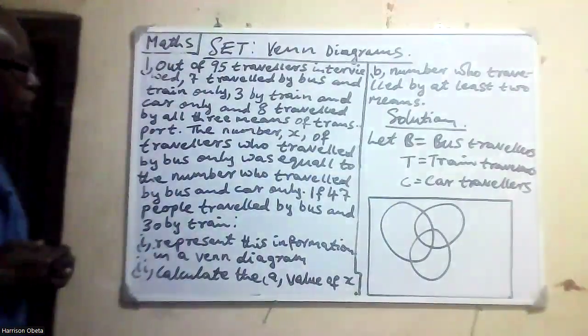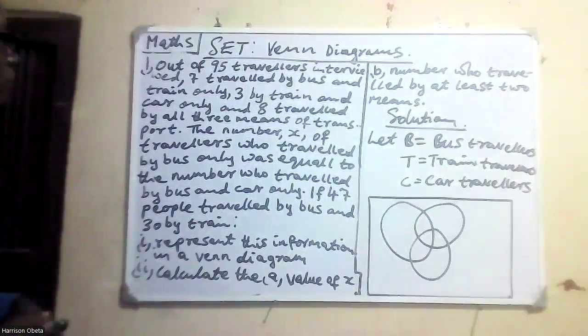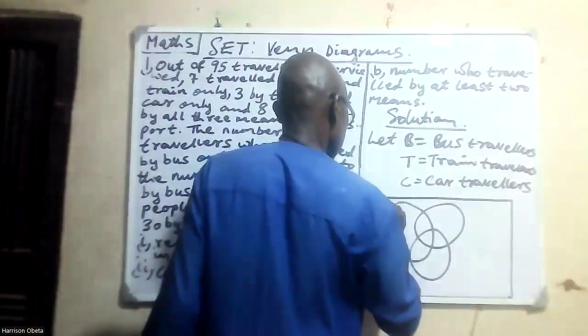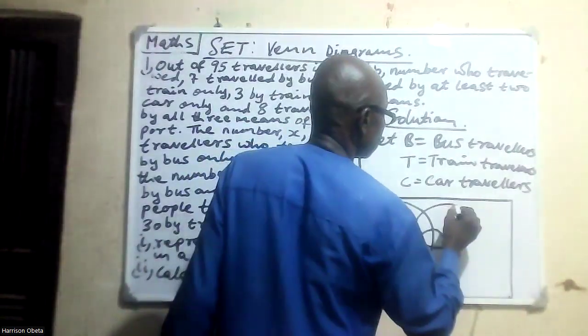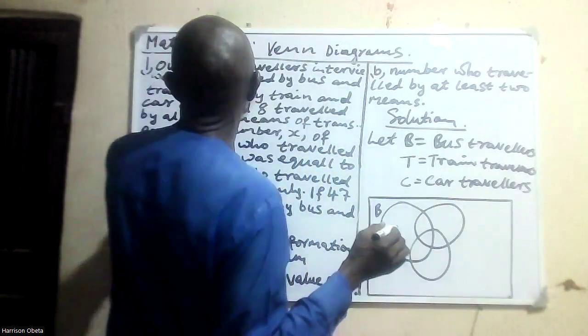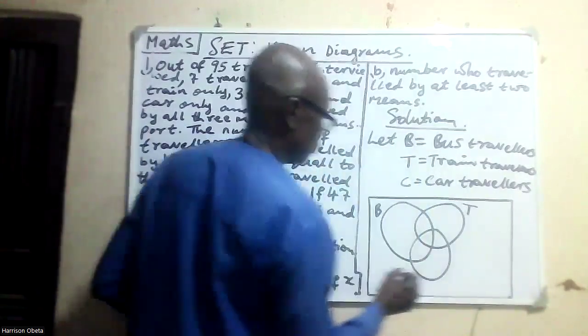So we will now start putting the values we are given. First of all, we have bus here. We have bus. We have train. And then we have car.